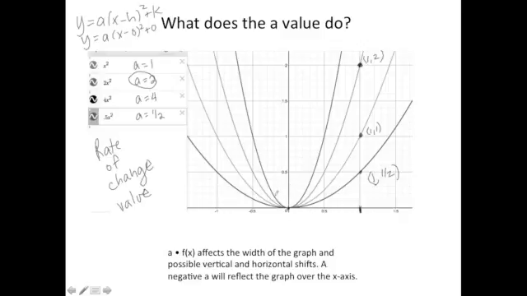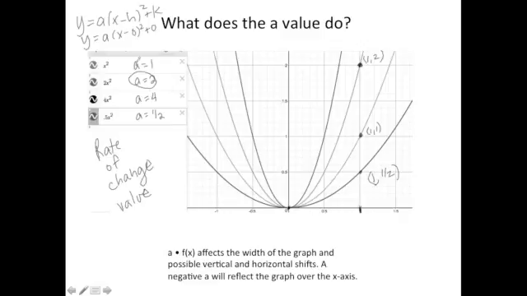Now, recall that if you were graphing a line, you would need 2 points to graph a line, but 3 points does make it easier to graph. Well, when graphing a parabola, you do need to have 2 points, but 3 points is nice to have. So in this case, we always will have our vertex.